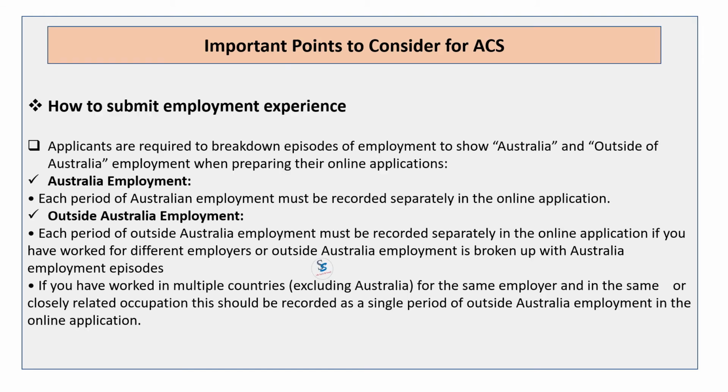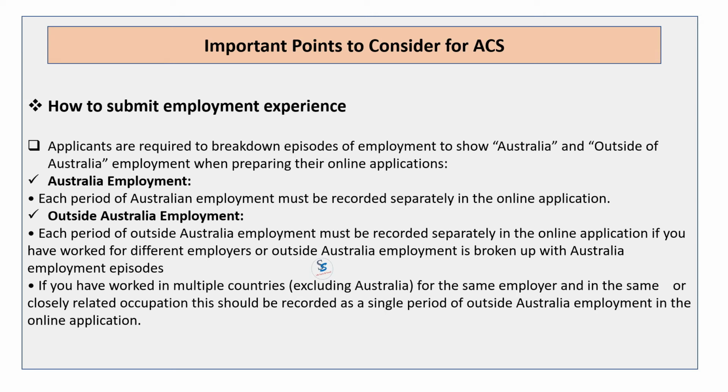Let's discuss how to submit employment experience. Applicants are required to break down episodes of employment to show Australia and outside Australia employment when preparing their online application, as applicable. Australia employment: each period of Australian employment must be recorded separately in the online application as well as in the statutory declaration.